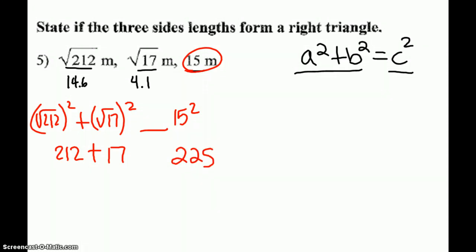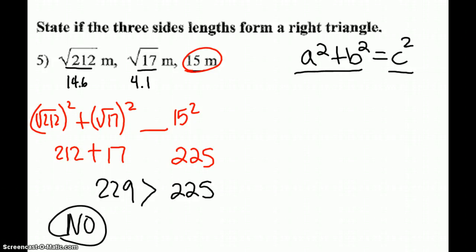So then I want to figure out what the relationship is. So I add 212 and 17. Sorry. And I get 229. On the right side I have 225. Well, 229 does not equal 225. In fact, it is greater than. So no, it does not form a right triangle.